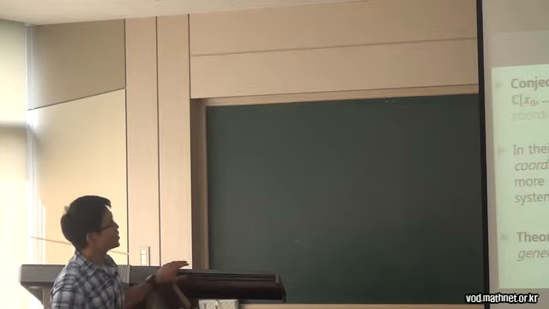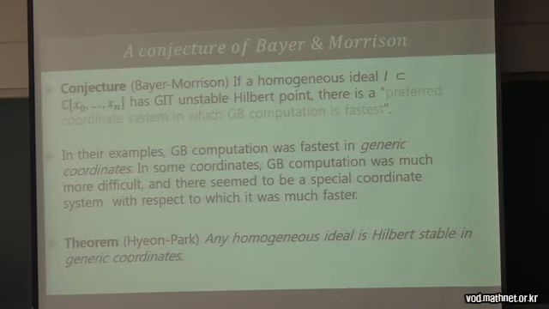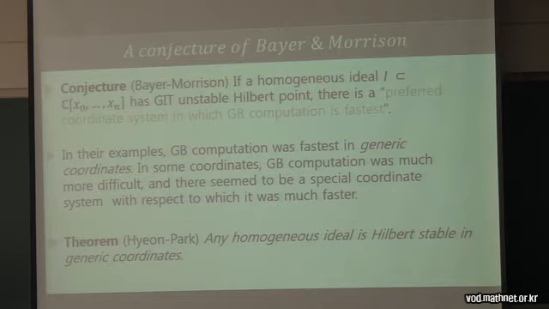And here's an interesting conjecture of Bayer and Stillman. If a homogeneous ideal has a GIT unstable Hilbert point, then... I intentionally wrote it in a very faint green and gray because it's very vague. This is a very vague conjecture, admittedly, that there is a preferred coordinate system in which Gröbner basis computation is the fastest.